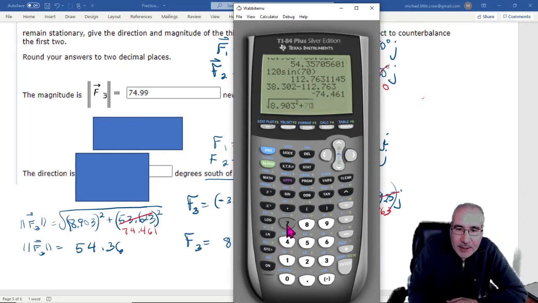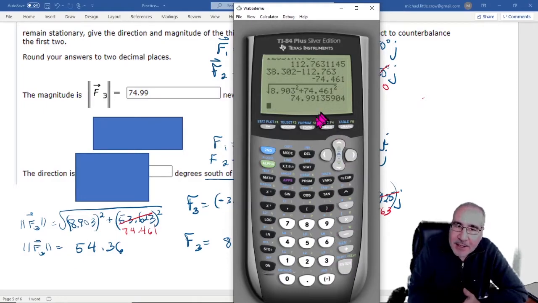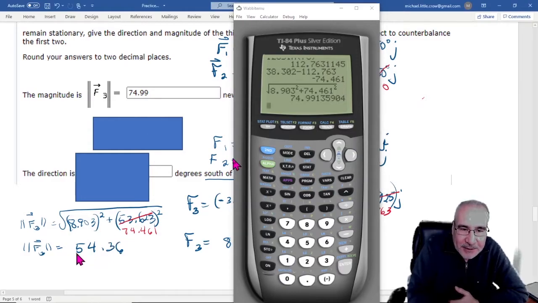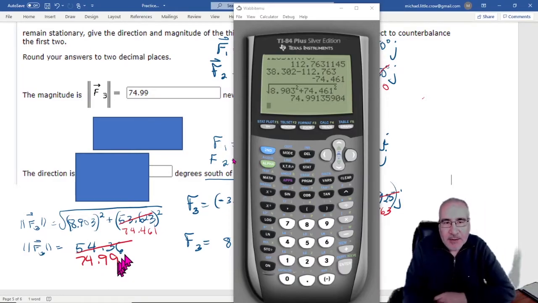So we'll just leave that negative off. It makes the entry a little bit easier, right? And we take that square root. Hopefully it worked. It did. And I didn't check in advance, but no, we don't get that. We get 74.99, rounded to 2 decimal places.